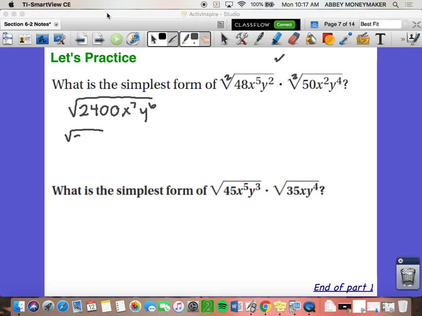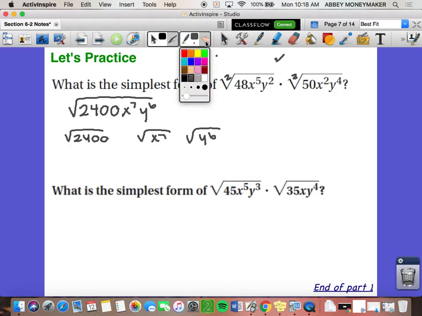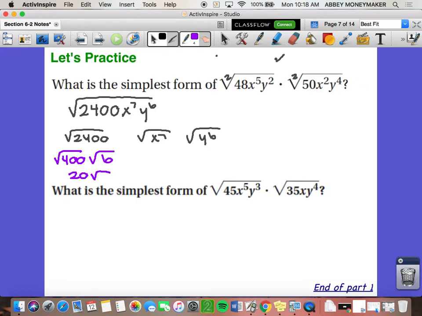But let's go ahead and take a second and break apart all of our numbers from our variables, and let's rewrite that. So that'd give me the square root of 400 times the square root of 6, which gives me 20 square roots of 6. Remember, 2 is your index, so 2 goes into 7 3 times with 1 left over. 2 goes into 6 3 times with none left over.